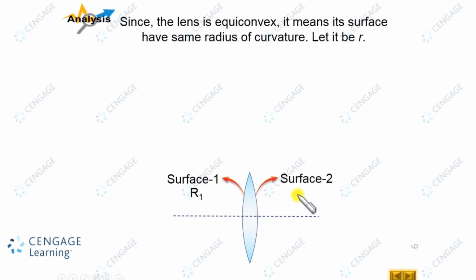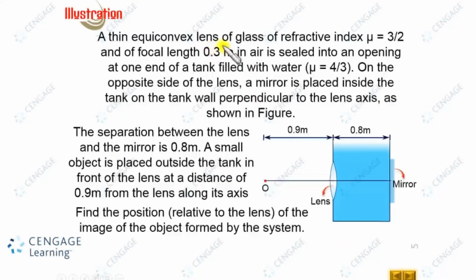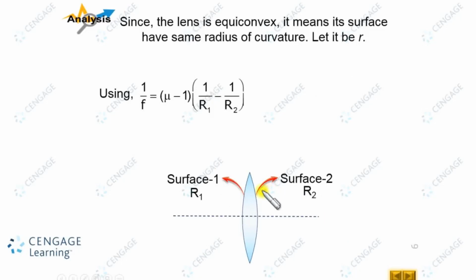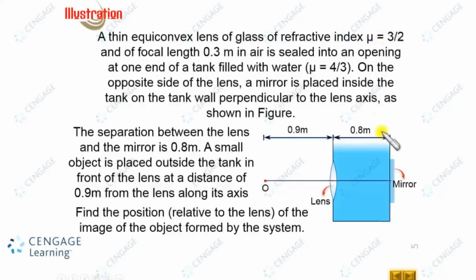This is surface 2, radius of curvature r2, and here r1 is equal to r2. Okay, and we have the lens maker formula, this one, 1 upon f equal to mu minus 1, into 1 upon r1 minus 1 upon r2. And in the question we are given the focal length 30 centimeter, and the focal length of this lens is plus 30 centimeter, and mu is given as 3/2. This is 3/2, right?